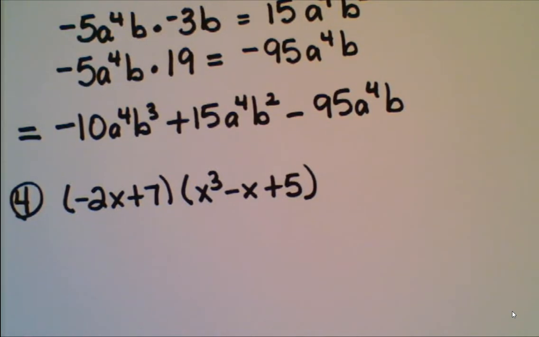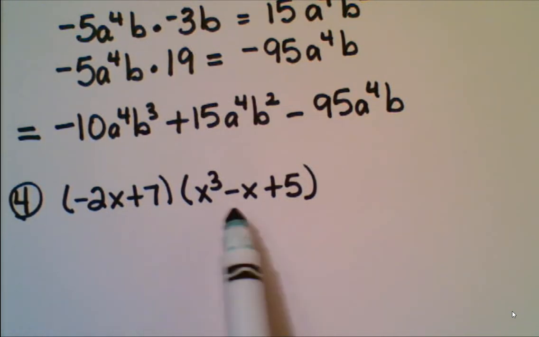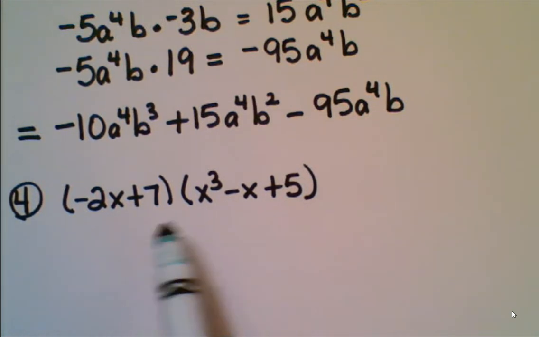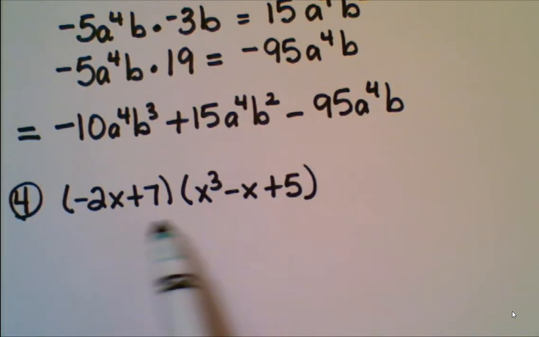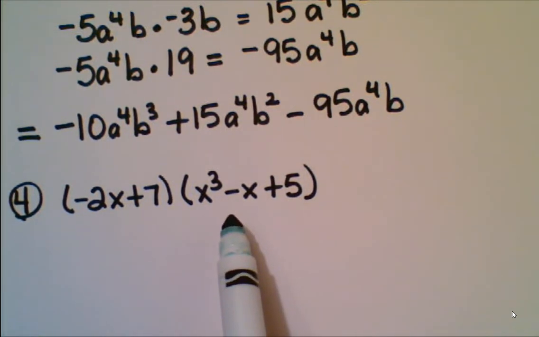We are going to multiply by using the distributive property. We have a binomial times a trinomial. We are not using the FOIL method just yet. In order for us to use the FOIL method, we have to have a binomial in each parenthesis. And because the second parenthesis is a trinomial, we cannot use the FOIL method.